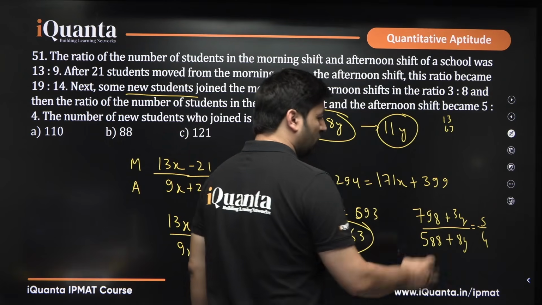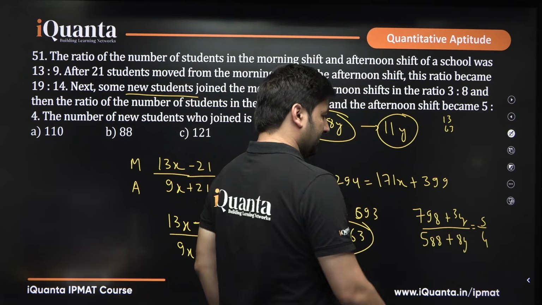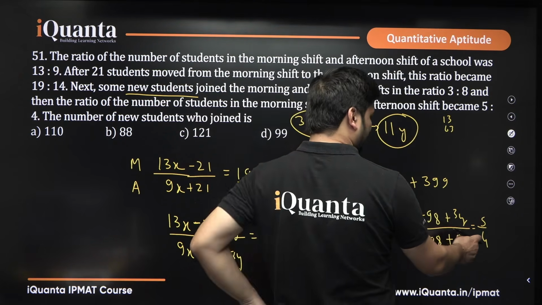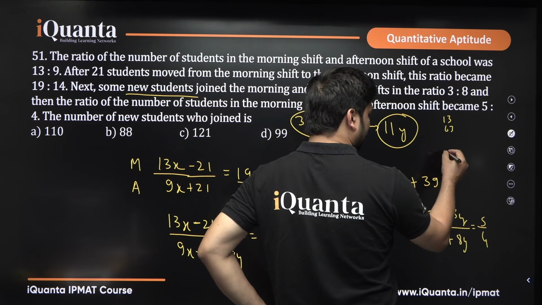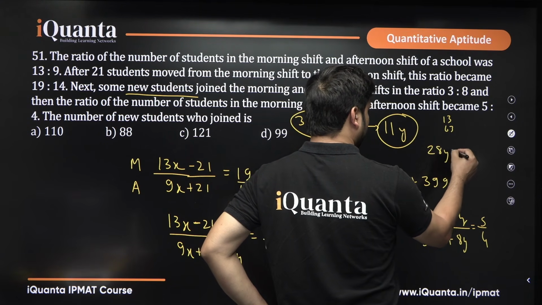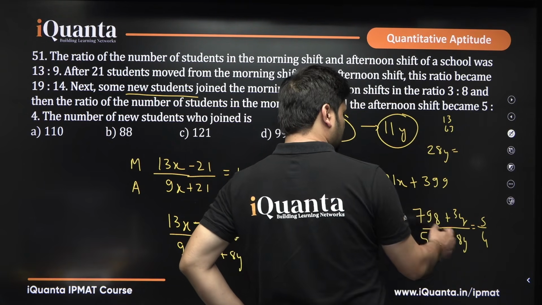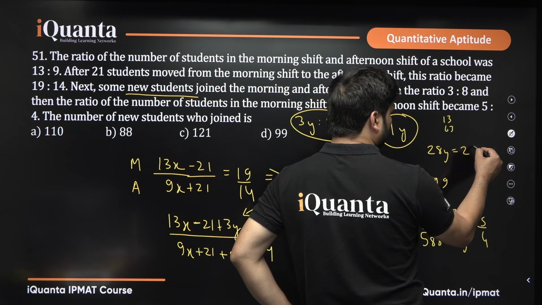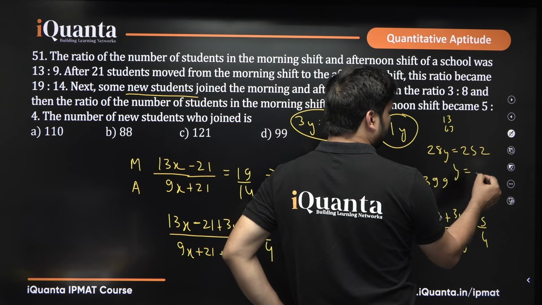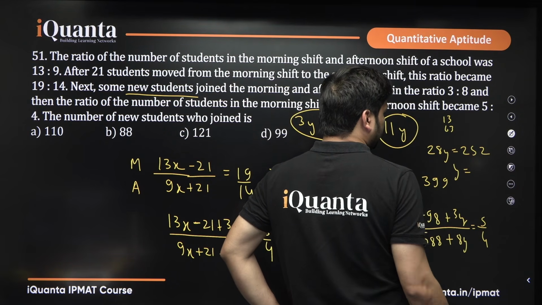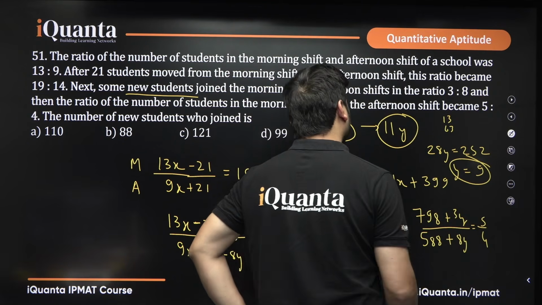Now, you simply have to cross multiply and find out the value of y. Here it will be 4 into 3y, 12y, and 5 into 8y, 40y, so 28y will be equal to 252, right? So, y will be 9.